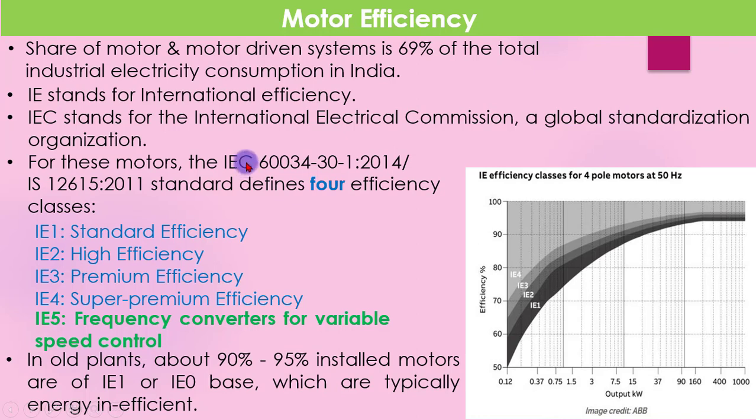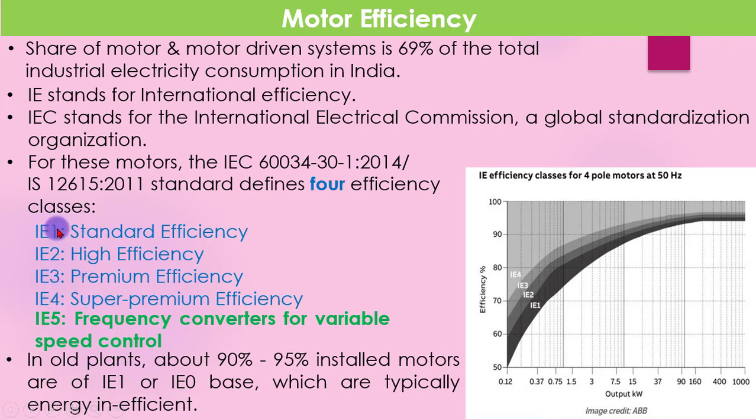Here the term IEC stands for the International Electrotechnical Commission, a global standardization organization. As per this IEC code and IS code, on the basis of efficiency levels, the induction motors are classified into 4 categories, which are IE1, IE2, IE3 and IE4.